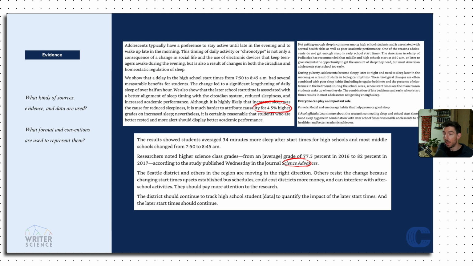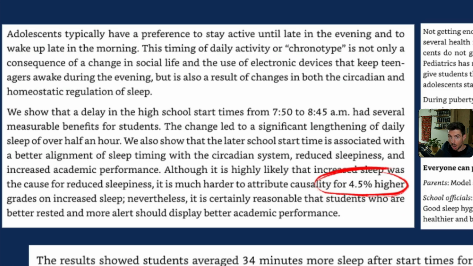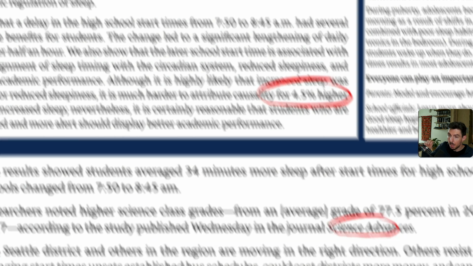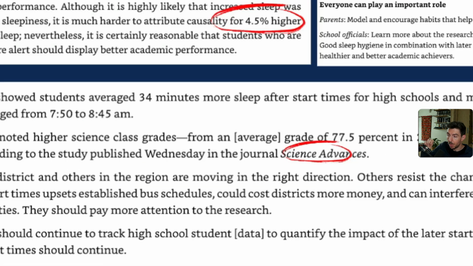Evidence is another important thing to consider. Of course, the evidence that is being brought into the scientific article, they talk about their own results, whereas in the opinion piece, the evidence which is used, they cite another journal, and that is supposed to give some credibility, some authority to their argument.